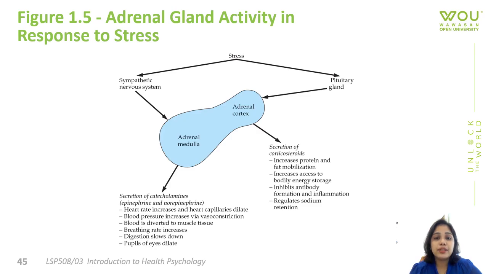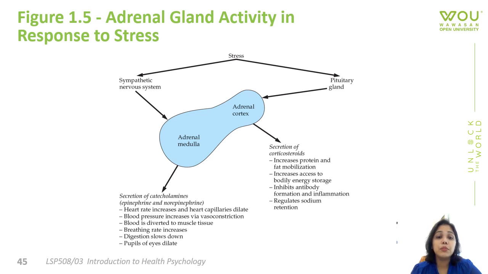Now, these adrenal glands, mainly the function is in relation to response to stress. So when stress occurs, the adrenal gland, within the sympathetic nervous system, secretes stress hormones, which are called corticosteroids, and these corticosteroids are released in the cortex.